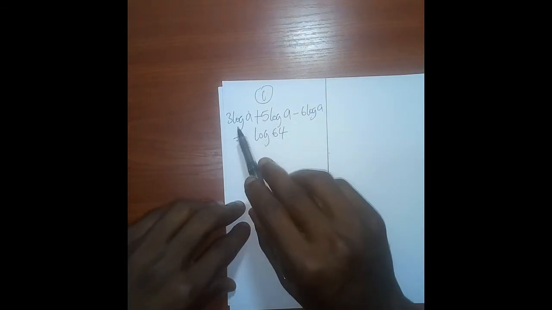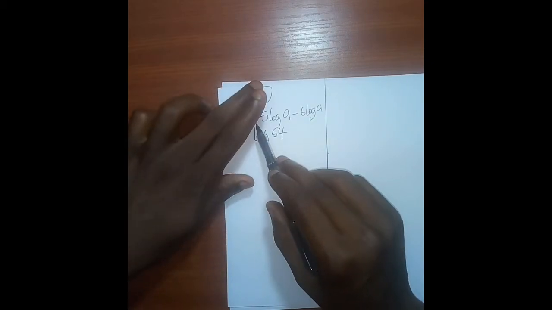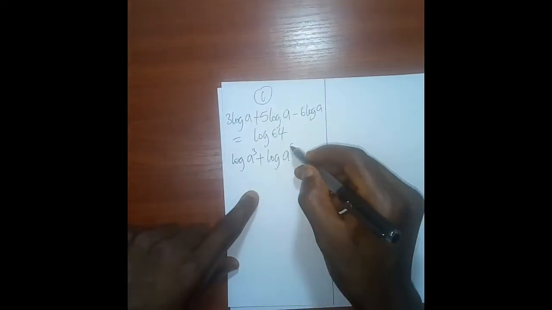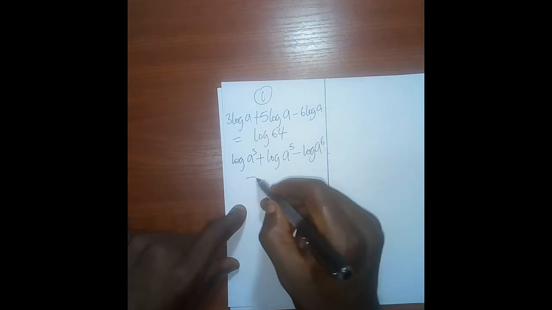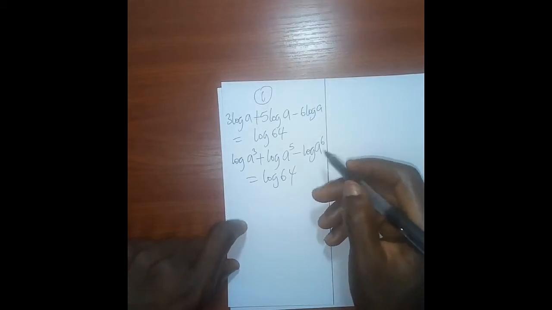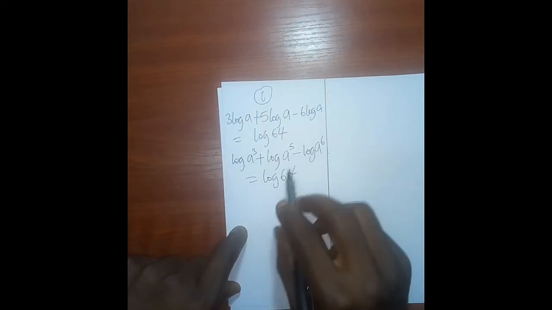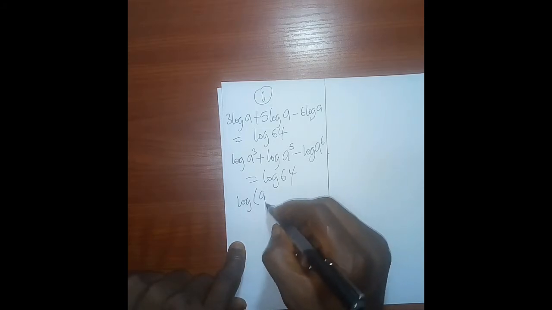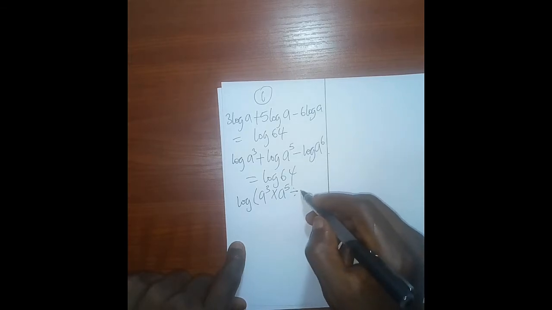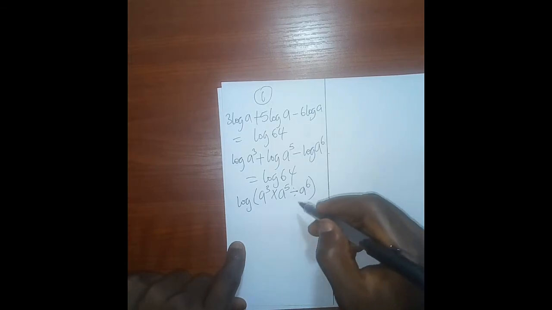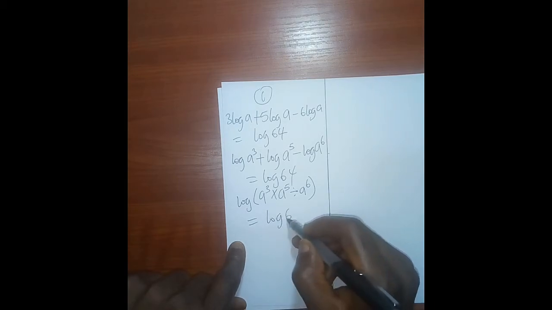For the first one, 3 log a can be written as log a raised to power 3, plus log a raised to power 5, minus log a raised to power 6, equal to log 64. From there we can combine these three to be log of a raised to power 3 times a raised to power 5 divided by a raised to power 6, based on the law of logarithm, equal to log 64.